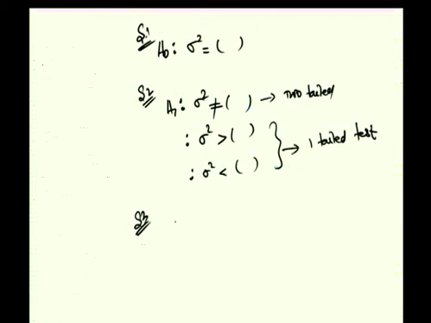Then, as usual, step 3 is the level of significance and degrees of freedom part. The degrees of freedom is actually k minus 1 for chi-square distribution.